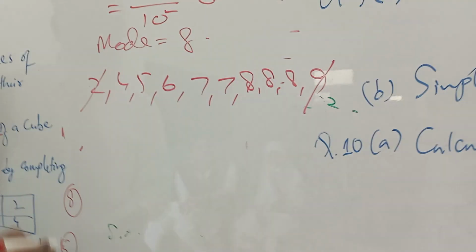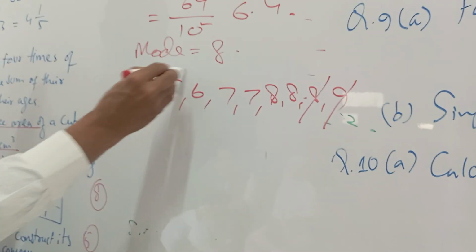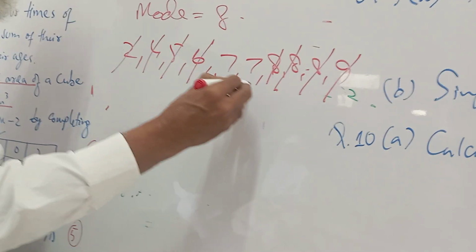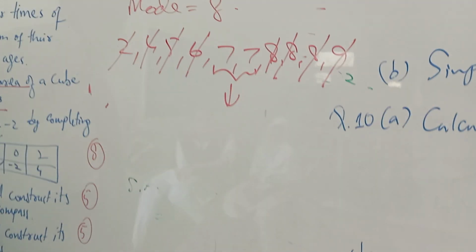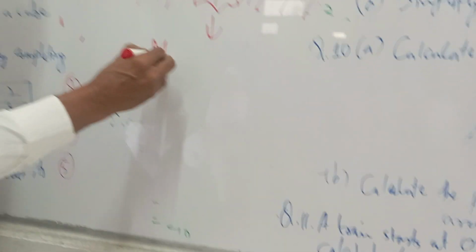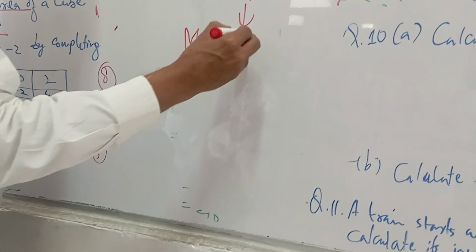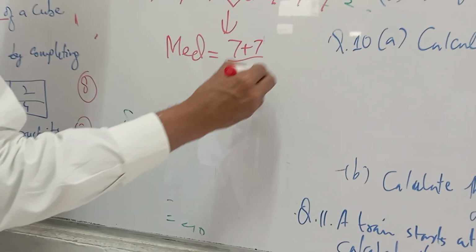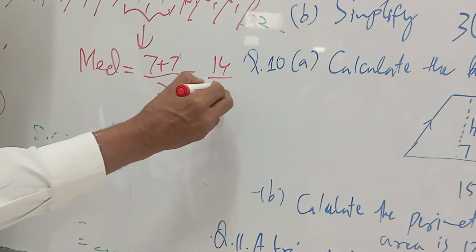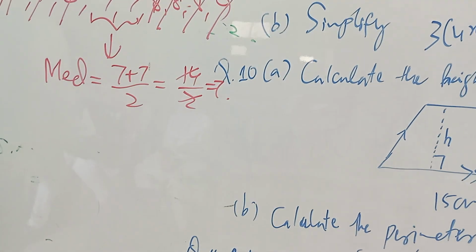Now we'll be crossing off the first and last, again first and last, again first and last, again first and last. So two numbers remain, and these two numbers give the median. We take the sum of these two, 7 plus 7, divided by 2, the average of these two, which is 14 over 2, which gives 7.